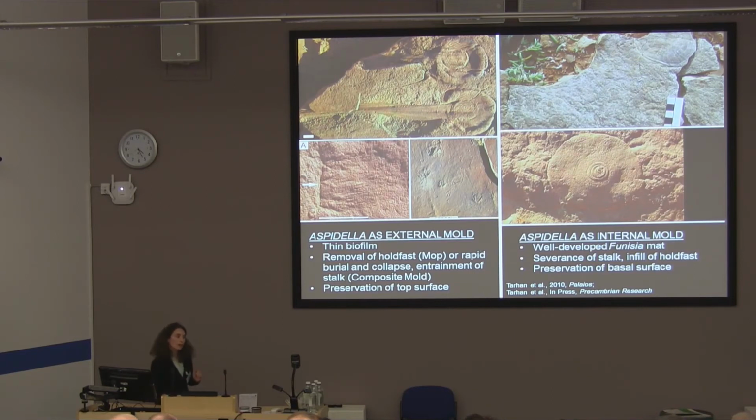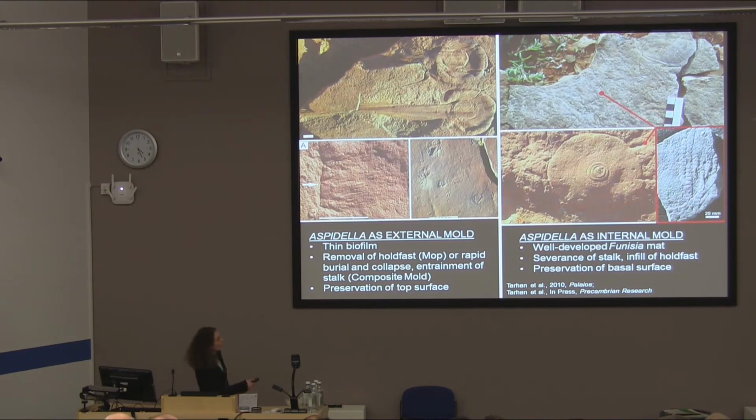But one of the systematic relationships that we can observe due to this bed-scale holistic analysis is its association with textured organic surfaces. We observe that wherever Aspidella is associated with well-developed mats of this tubular organism known as Funisia, so you can see a matrix of Funisia here, it is preserved as an internal mold, capturing the base of the holdfast.